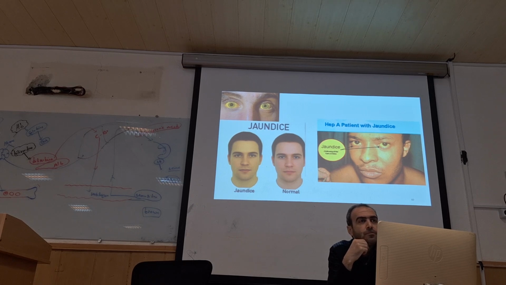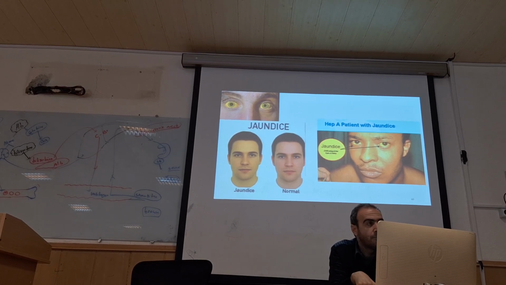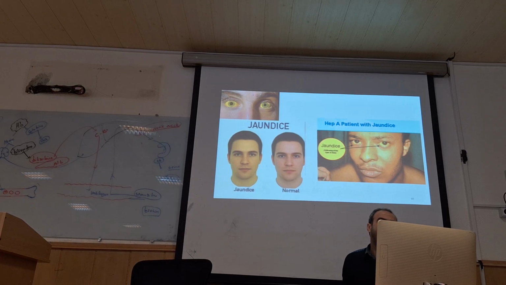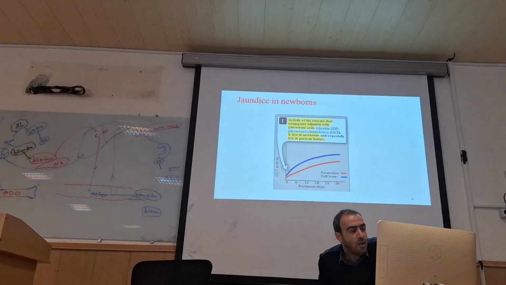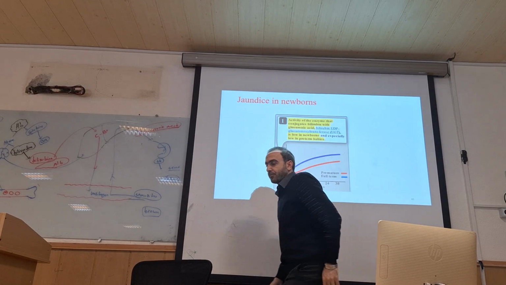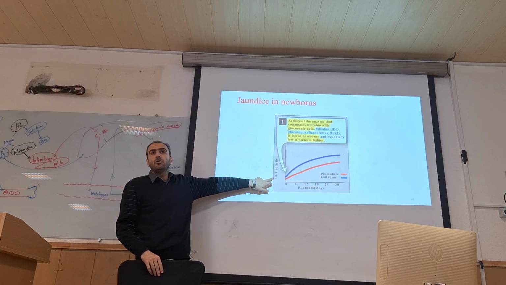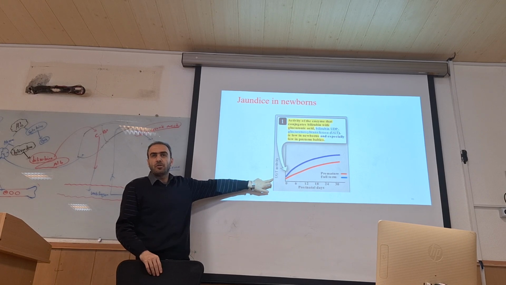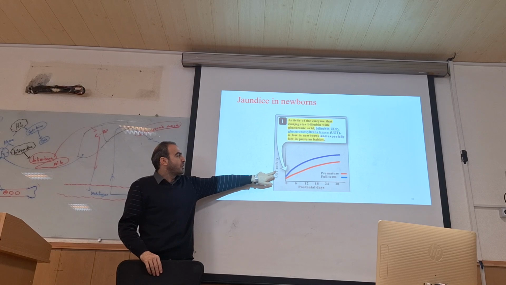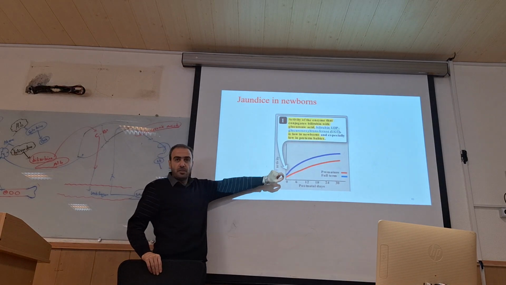Preterms are more susceptible to jaundice. Why? Because their liver isn't fully developed yet. If you look here, we have bilirubin glucuronide transferase activity.